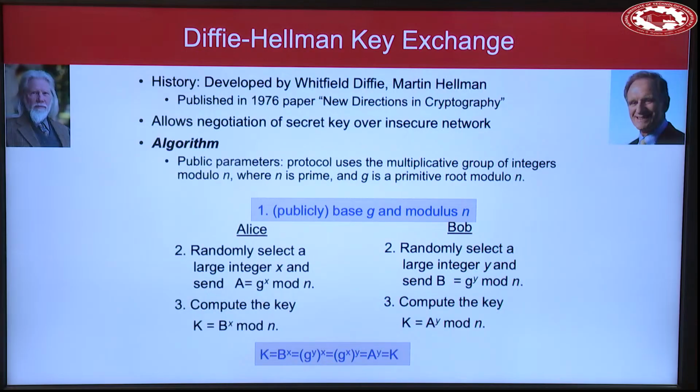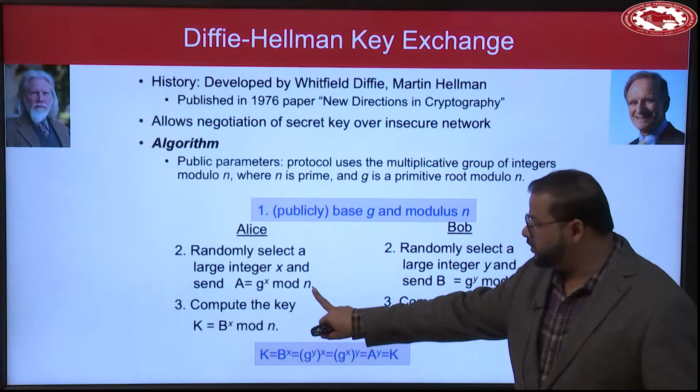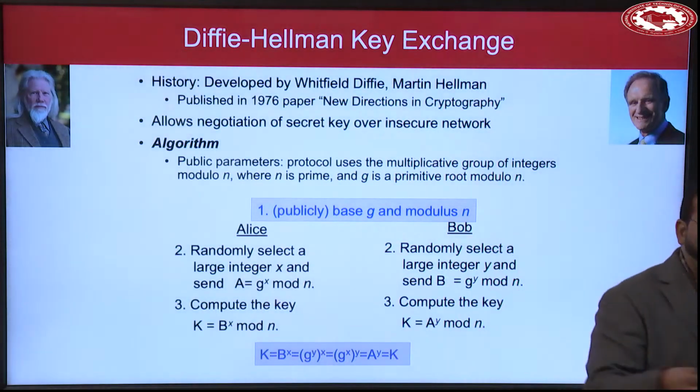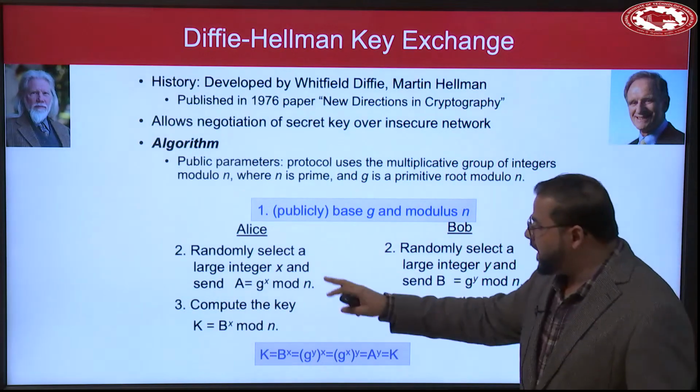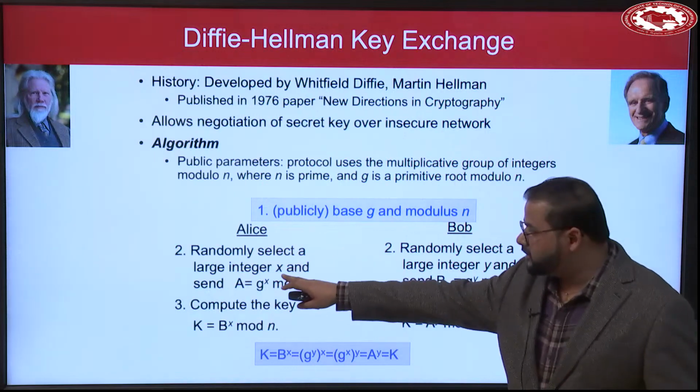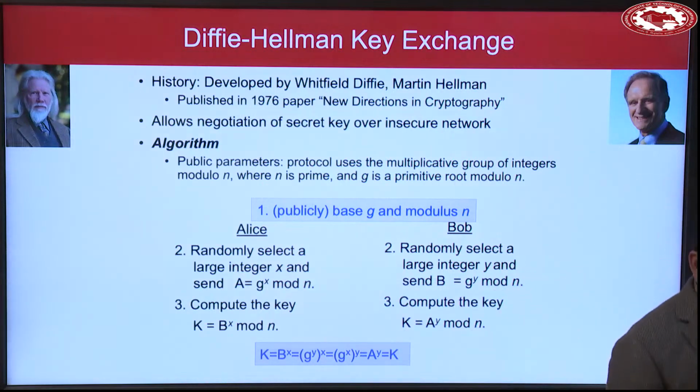So let's say if somebody gave you n, you already know n, you already know G. G is known to everybody who is part of the group, all the users. So it's between two users, Alice and Bob, and they need to generate the key. Alice randomly selects a large number, x, which need not be a prime number, and performs G to the power x mod n.